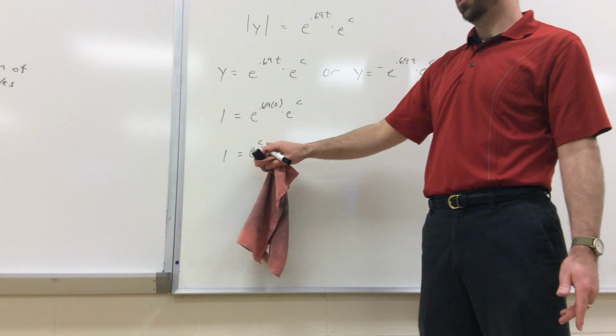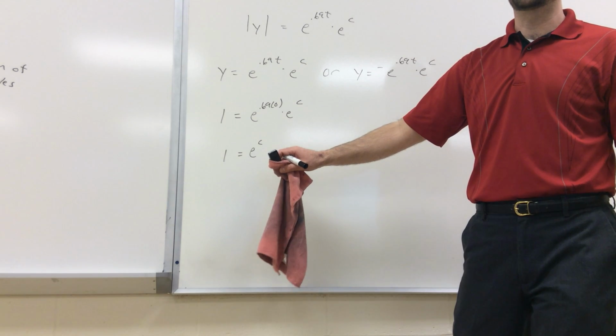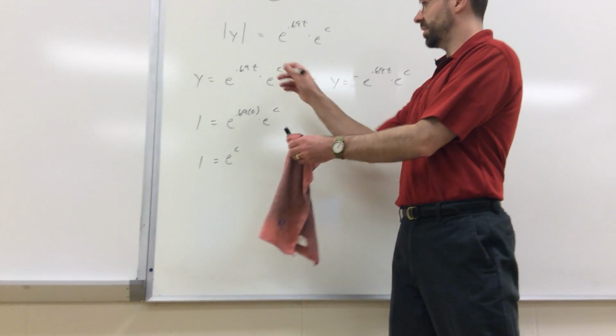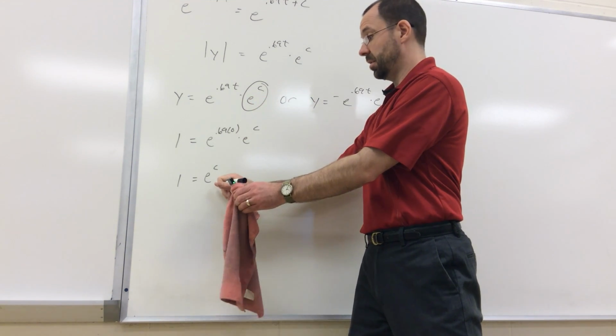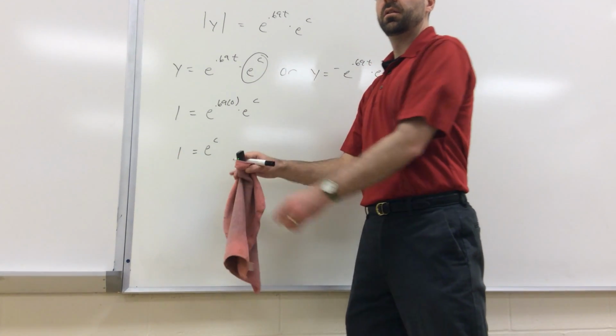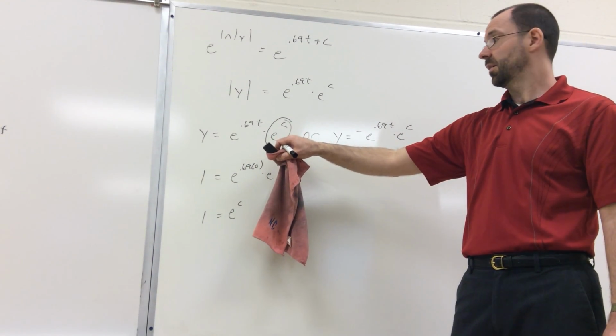So I could solve for c, but I don't really need to. I could take the natural log of both sides at this stage if I wanted to, but I don't need to, because now I know that all of this, e to the c, is 1. So I could just go back up here and replace what's circled by 1.